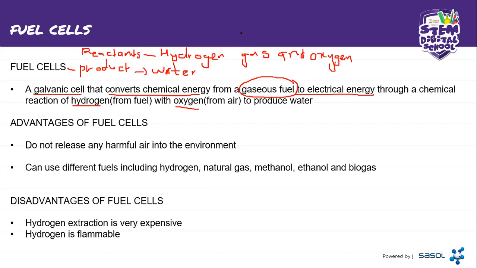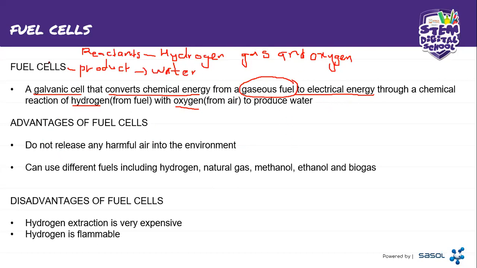So the hydrogen gas is from the fuel, the oxygen is from the air, and then a chemical reaction takes place, and we have a conversion from chemical energy to electrical energy.